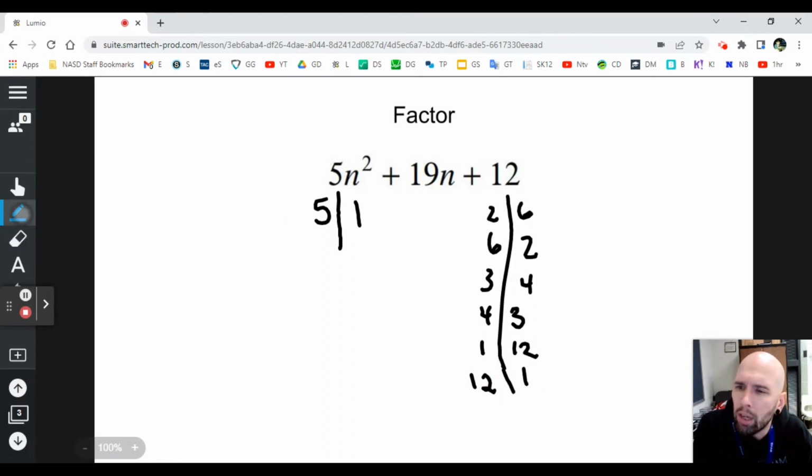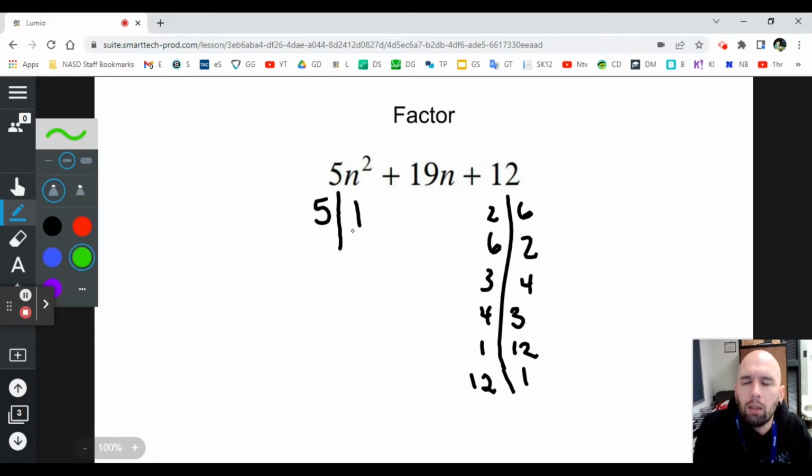Now what I do is I predict what I think it's going to be. I'm going to take 1 and multiply it to one of these inside numbers. I'm going to take 5 and multiply it to one of those outside numbers. Then I'm going to add the products. I'm just going to do the first one to demonstrate.